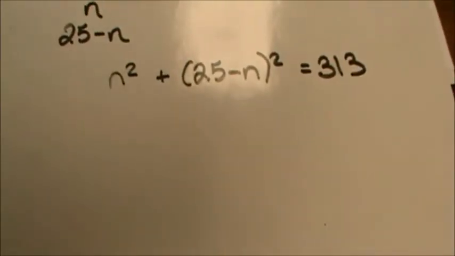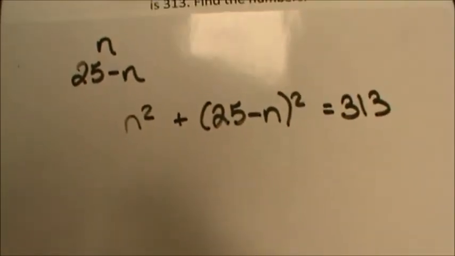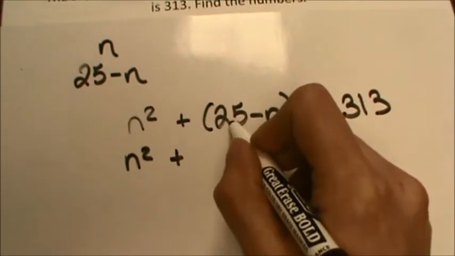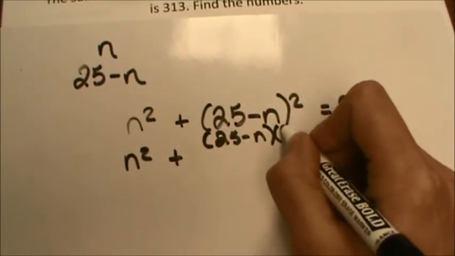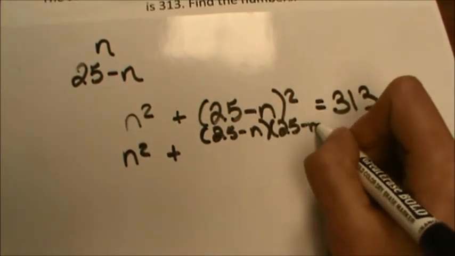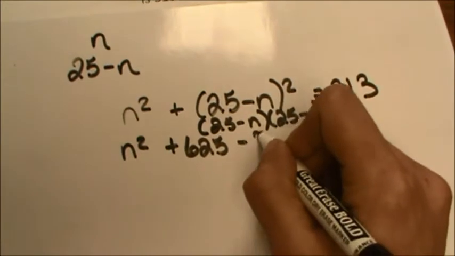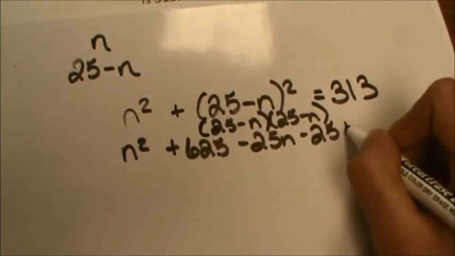Now in order to solve this equation, I need to multiply this entire term out. So I have my n squared from above. This is going to be, if I FOIL it, 625 is the first, outer, inner, last.